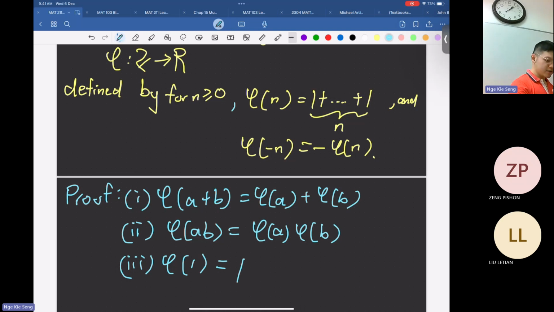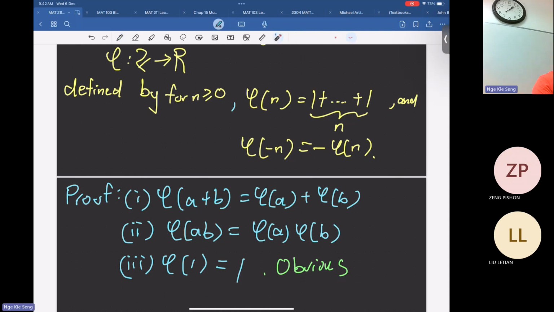In this case the third one is obvious, because by definition. How about the other two? Why is it obvious?